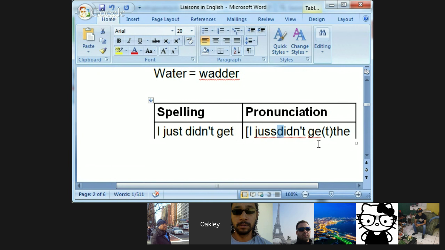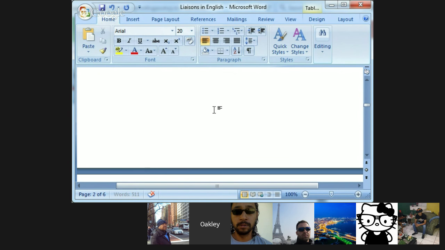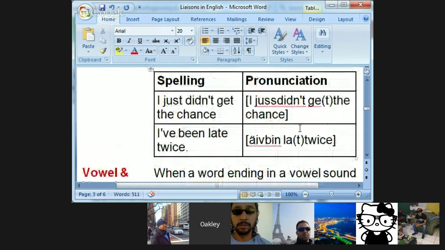Now, Hussein did a very good job here, but let me try to explain this. "Get the." When we do this, we don't physically pronounce the "get the."